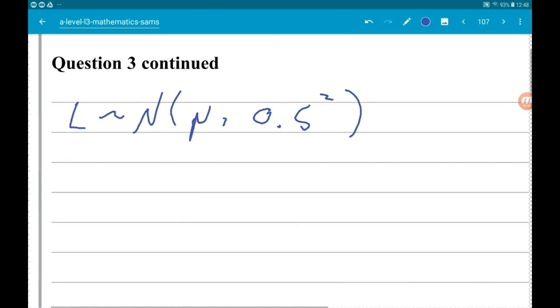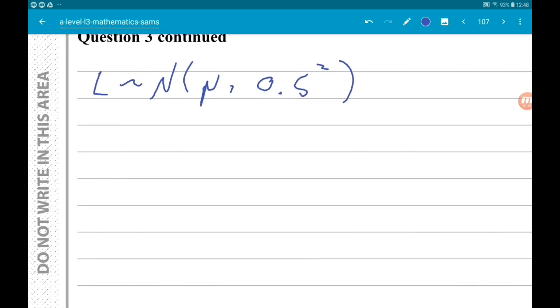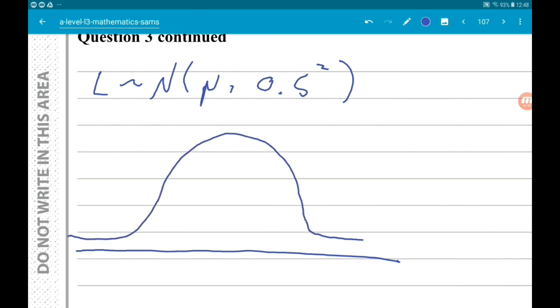Now, what we do know is that 2.5% of all strips are greater than 50.98.